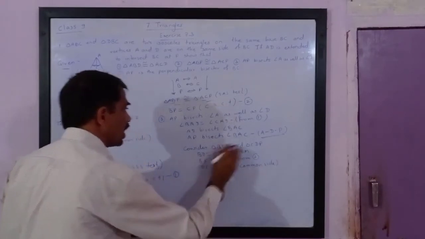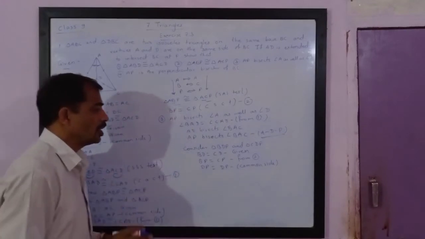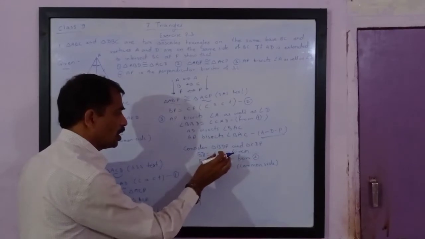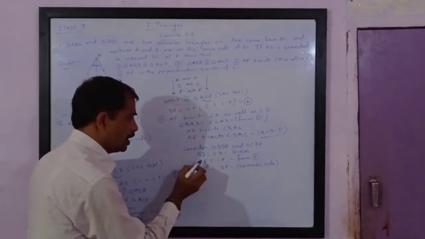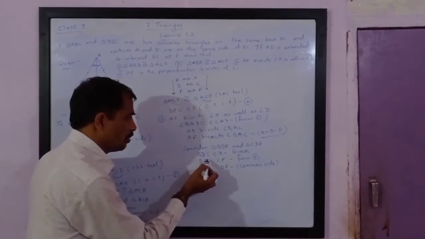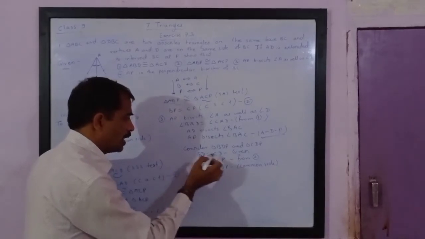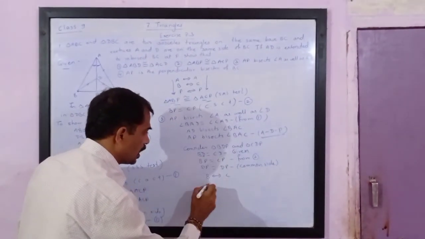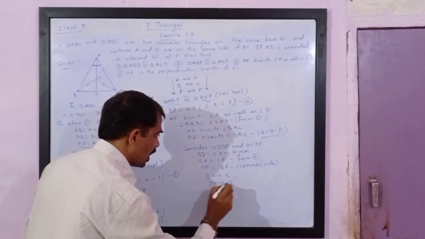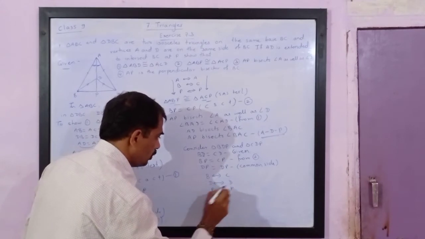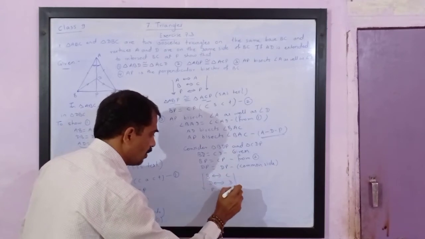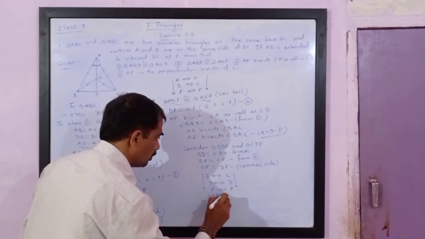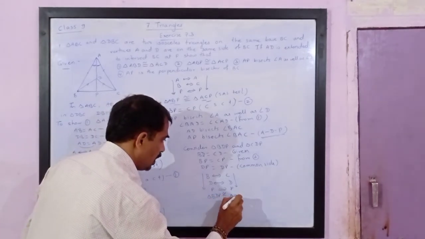It means these two triangles are congruent by SSS test. But for this we need to write one-to-one correspondence. Now watch carefully. BD is congruent to CD and BP is congruent to CP. It means in this, B and C correspond. So I can say that B corresponds to C, D corresponds to D, and P corresponds to P. Therefore, if you write in the same sequence, I will get triangle BDP congruent to triangle CDP.